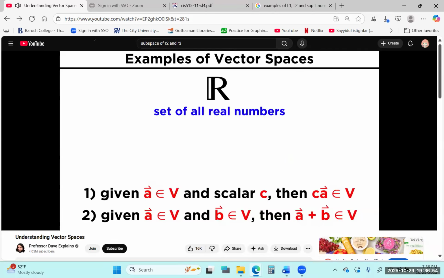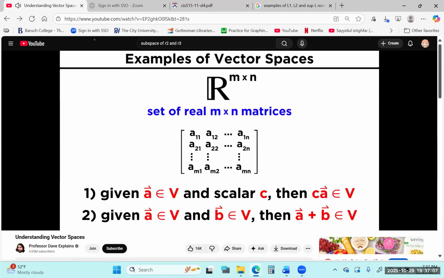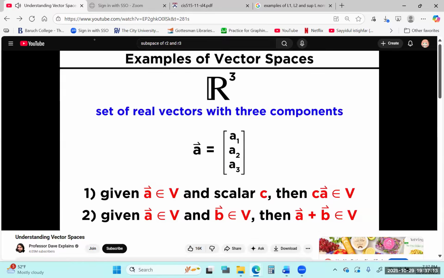Moving to another example, let's expand on our notation. If R is the set of real numbers, Rn is the set of real vectors with a length of some integer n. Similarly, Rm by n is the set of real m by n matrices. First, let's just look at R3 vectors.